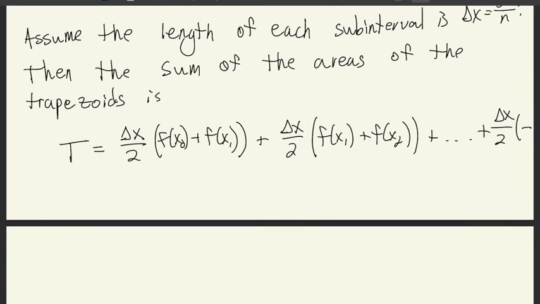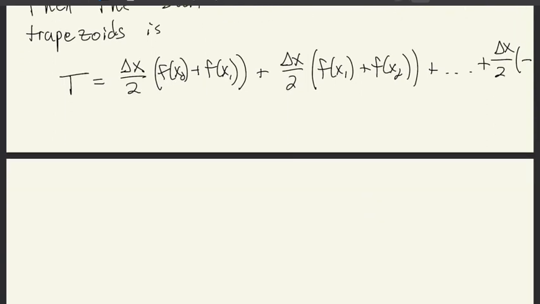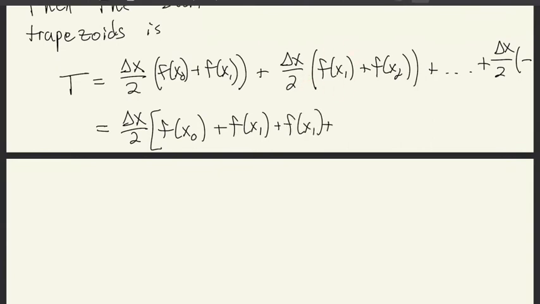So that would be delta x over 2 times, I ran out of space, but that's unimportant. Well, all of these have delta x over 2, so let's pull those out. We then have f of x0 from the first one, f of x1 from the first one, f of x1 from the second one, and then f of x2 from the second one. And the third one, you'd have f of x2 again, and then plus dot, dot, dot.